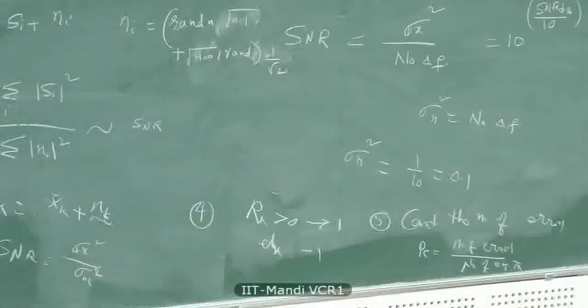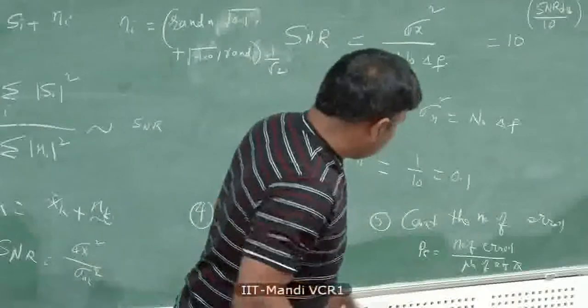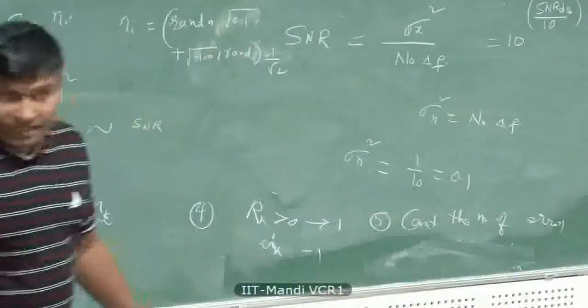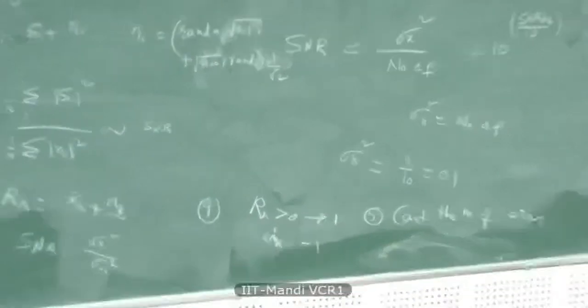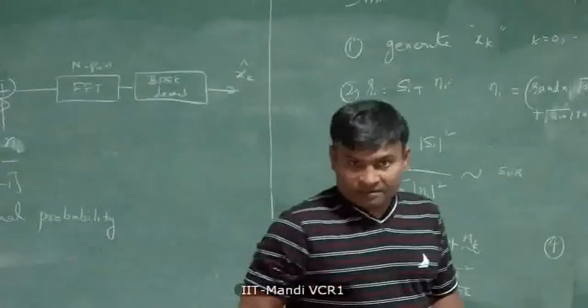But since this is a short segment, it won't converge. So don't calculate the probability of error right away. You count the number of errors, repeat this entire procedure a number of times, then add all the errors that you accumulated and divide by the total number of bits that you have transmitted in so many trials.